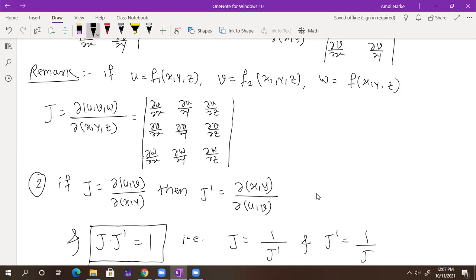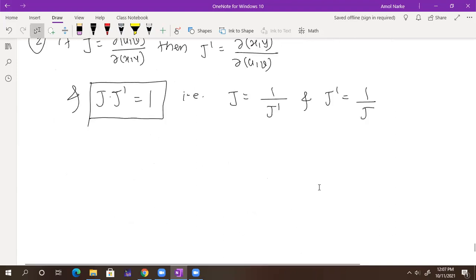So let's solve some examples. Solving examples, you will get a clear idea.